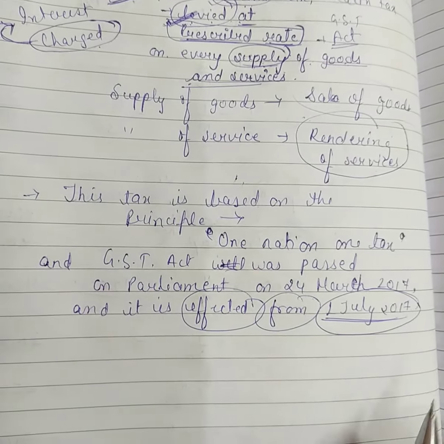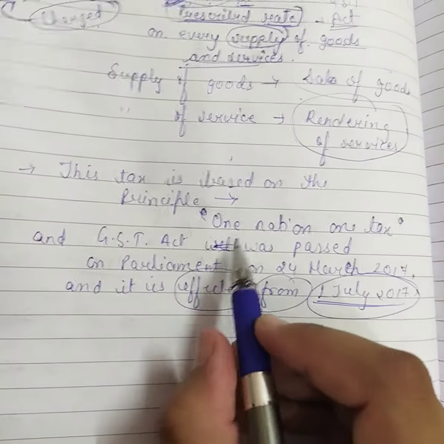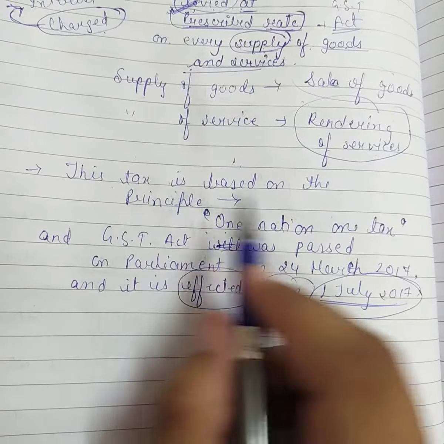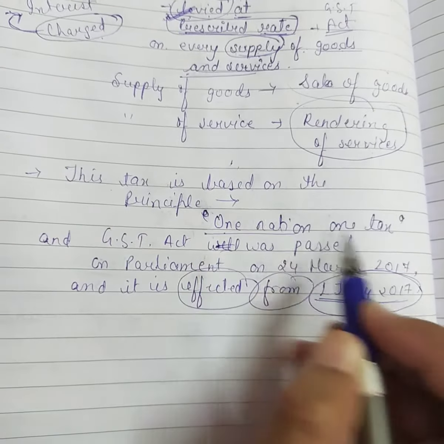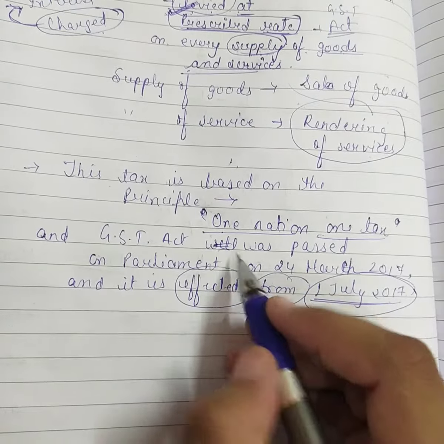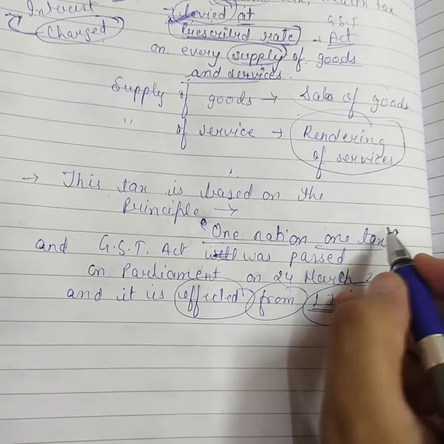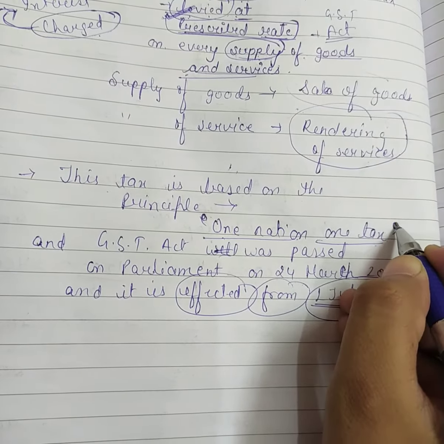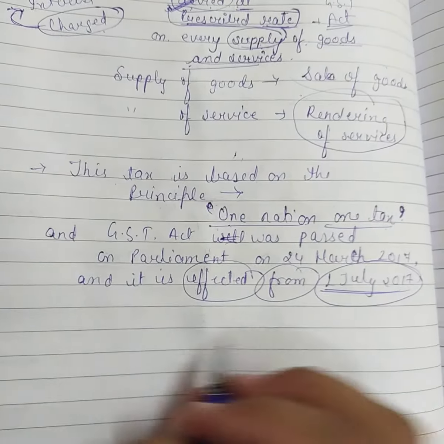Okay. So students, I have told you that this tax is based on the principle one nation one tax, एक राष्ट्र एक कर. So why has this principle been declared for this tax?